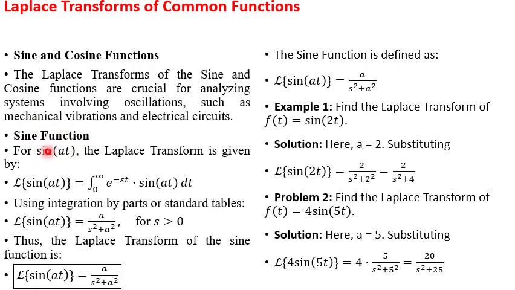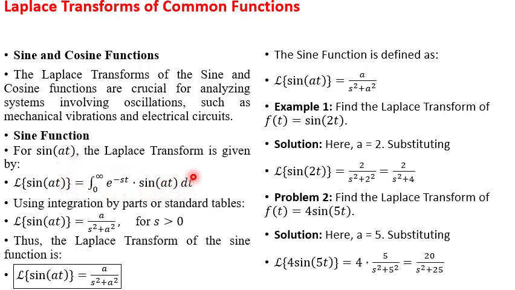For sine at, the Laplace transform is given, according to the general definition of the Laplace transform, by the integral from 0 to infinity of e raised to power minus st times sine at.